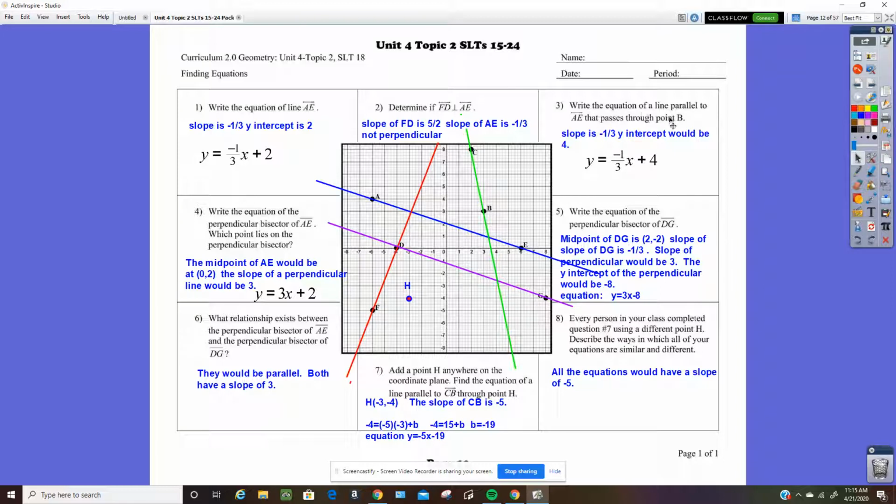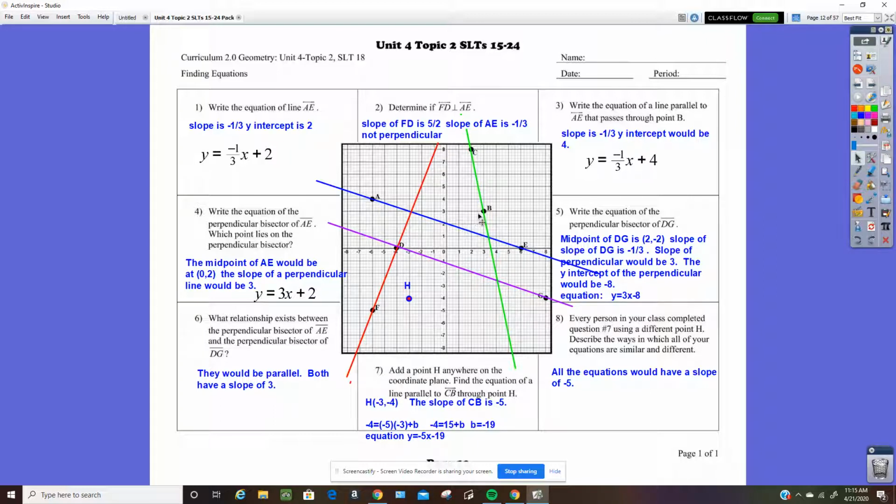Number 3, write the equation of a line parallel to AE through point B. Well, we already know the slope of AE is negative 1/3. I guess I didn't draw that line.